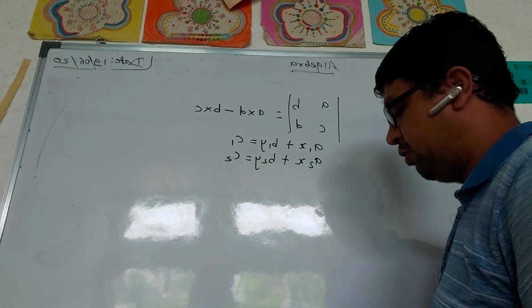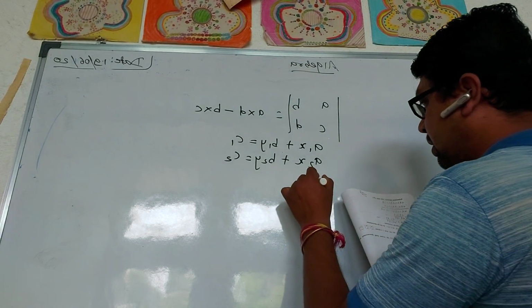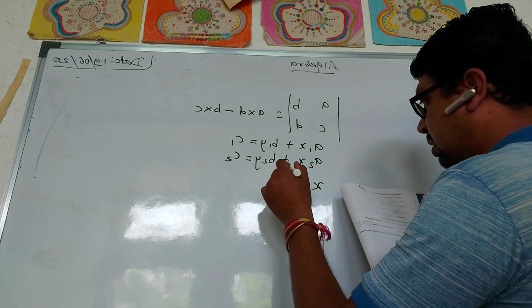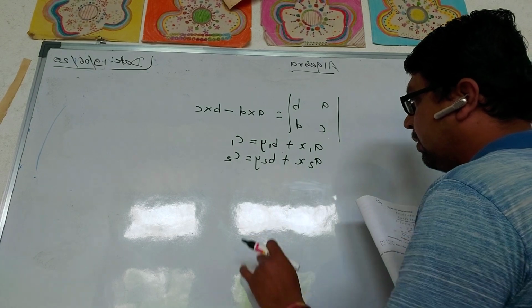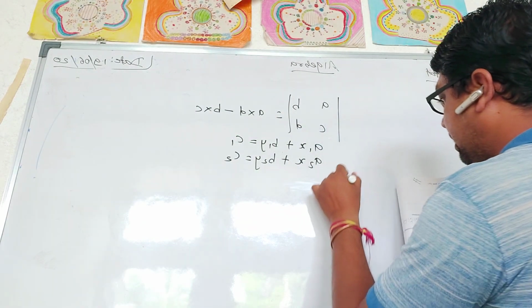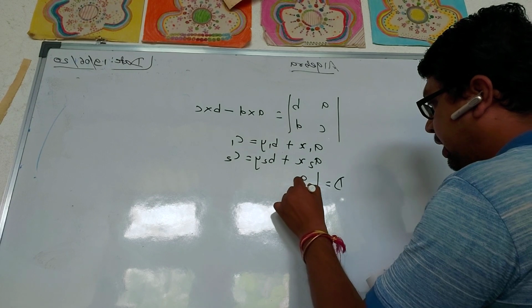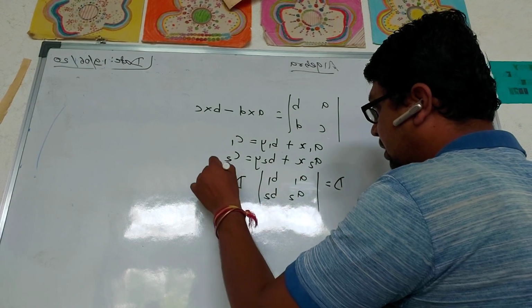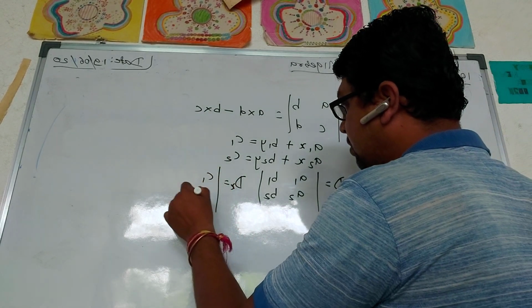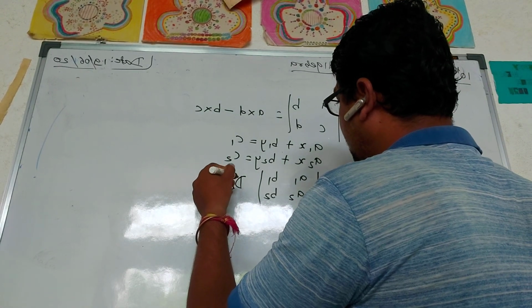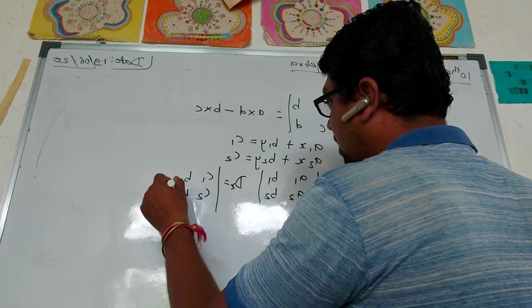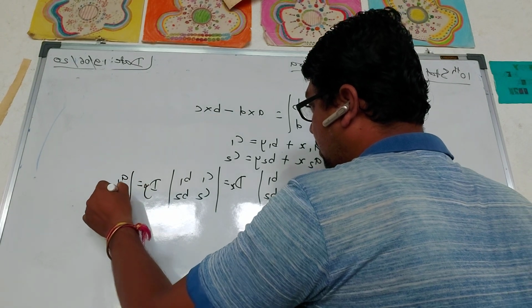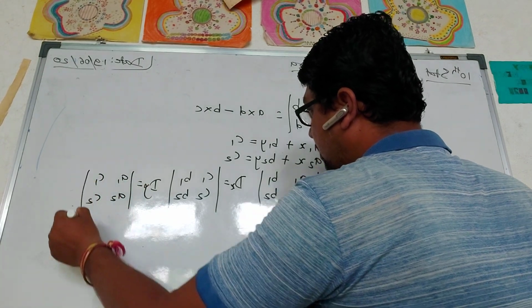Then D is determinant of a1 a2 and b1 b2, Dx is c1 c2 and b1 b2, and Dy is a1 a2 and c1 c2.